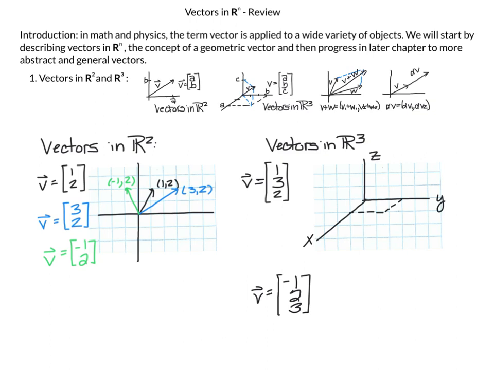So that's the start. And next, we're going to draw at z equals 2, we're going to look at this line here and draw up the plane parallel to it. And then this will give us the point for our vector 1, 3, 2.